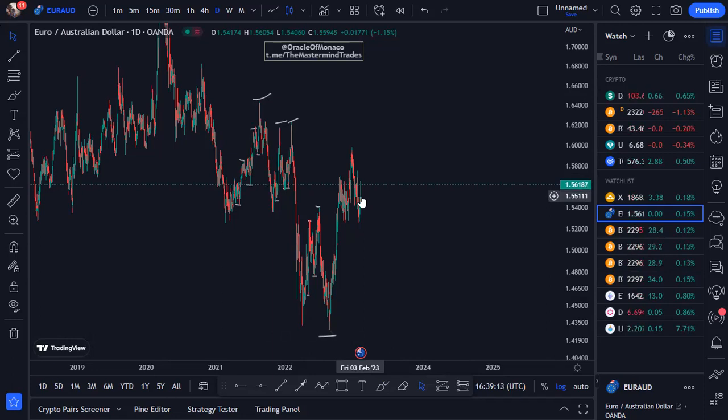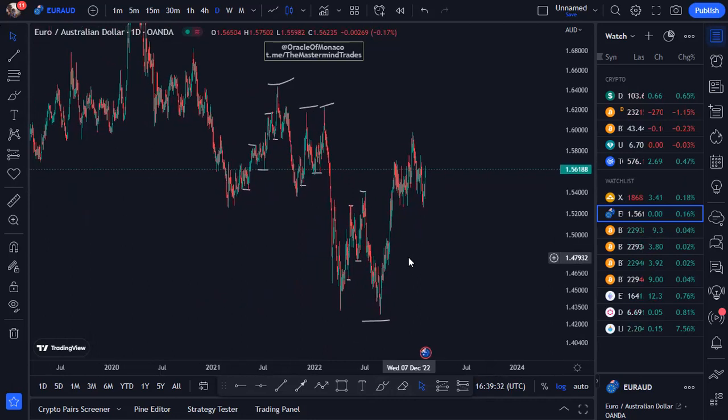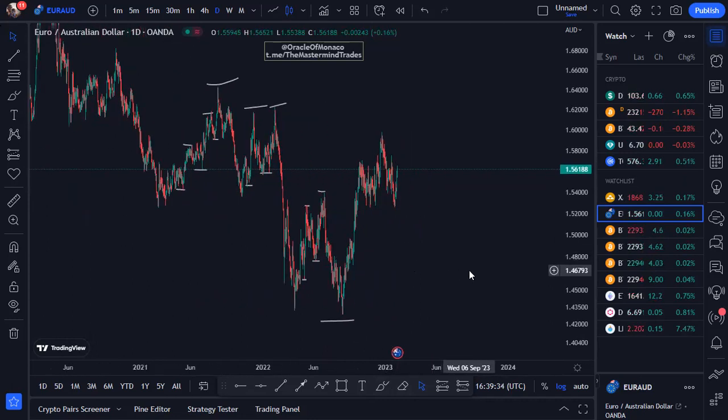A change of character looks at break of structures that makes way for the start of a new trend or that shows signs of reversal. So it is the same thing with break of structure, internal break of structure, external break of structure, internal change of character, and external change of character. It's literally the same.